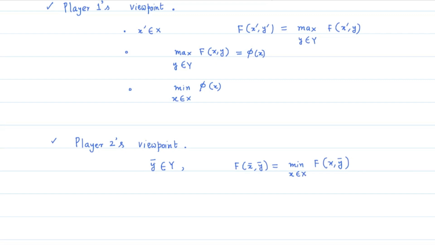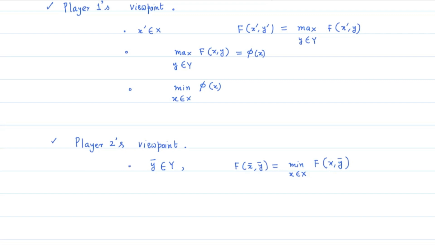So for the chosen y bar, the strategy of player 2, player 1 will certainly choose that particular x bar which gives the minimum value of this payoff function, because player 1 wants to give as little as he can to player 2, right?